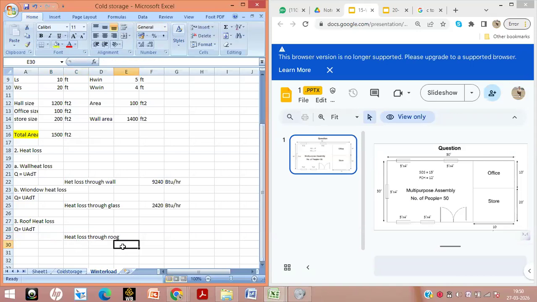Can anybody please calculate these things and let me know? Yeah, my U value is 0.25. Let's consider U is 0.25.